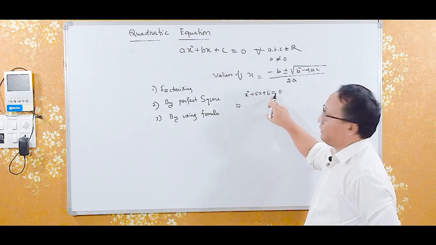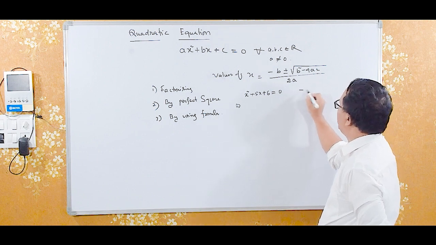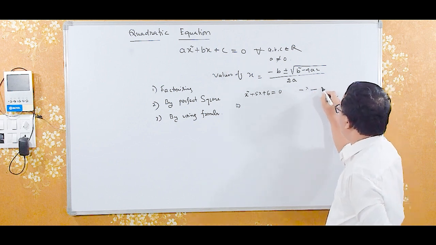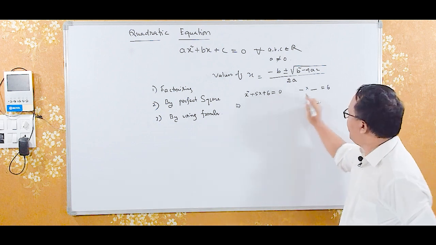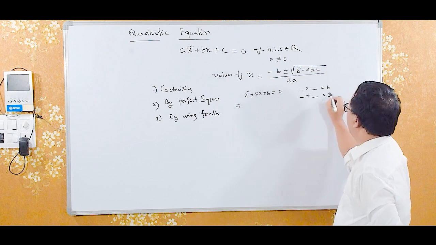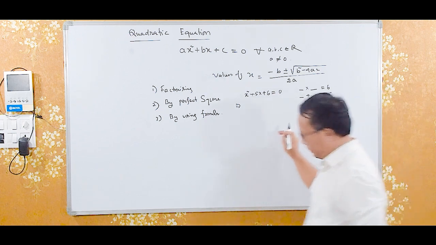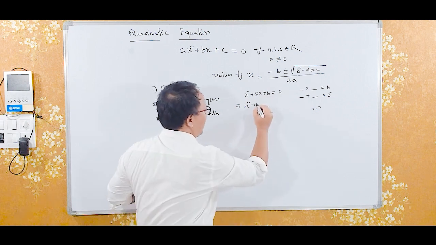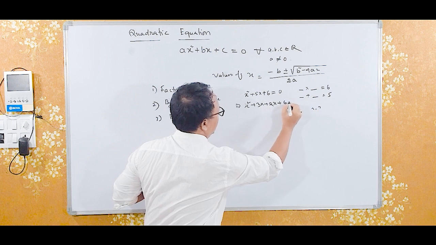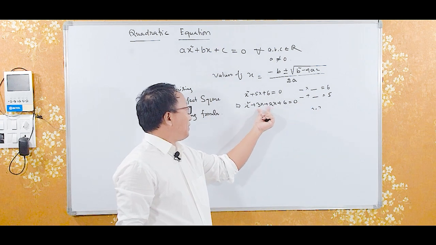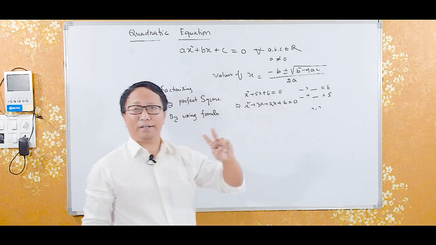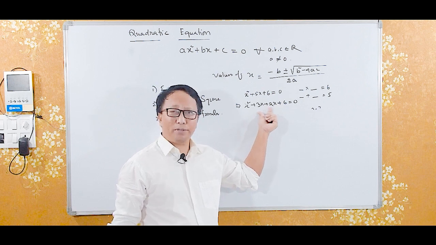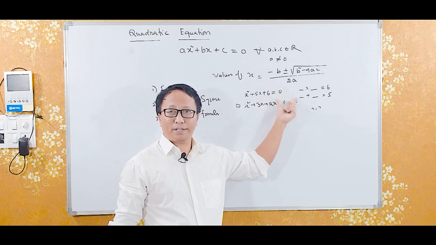So we have to search for two numbers such that if we multiply them, we get 6, and if we add them, we get 5. So the numbers are 2 and 3. Therefore, x² + 5x can be written as x² + 3x + 2x + 6 = 0. Let's check: 3 + 2 is 5, and 3 × 2 is 6.